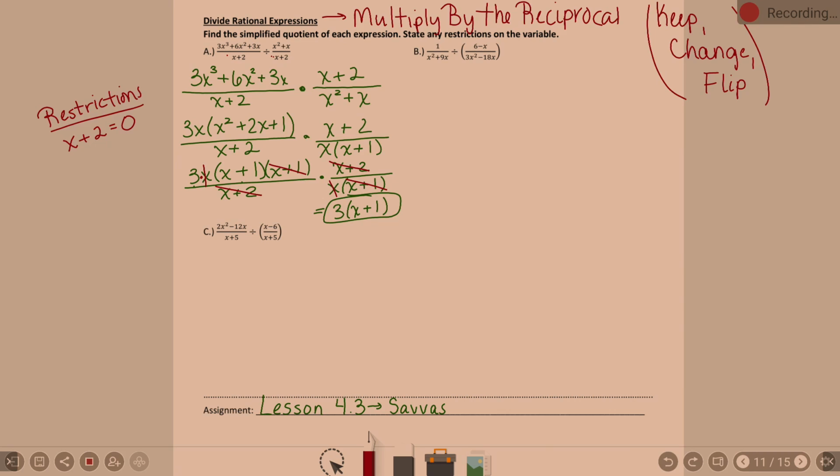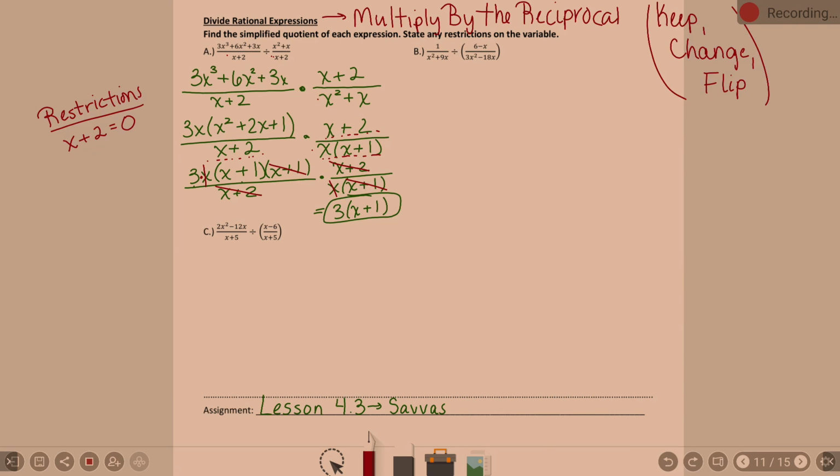But then what did we do? We flipped it. And this x squared plus x became x and x plus 1. Right here is the best place to look to get the rest of your restrictions. So we've got to look at x plus 2 from the denominator of the first fraction. In the second fraction, you're looking at numerator and denominator.